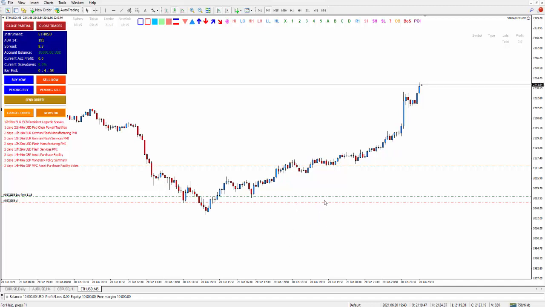So this is the way you will want to manage your risk per trade. You know ahead of time how much you are going to lose, okay? So regardless of whether you're using the same tool as me or not, it doesn't matter. The most important thing is that you know how to manage your risk in trading.